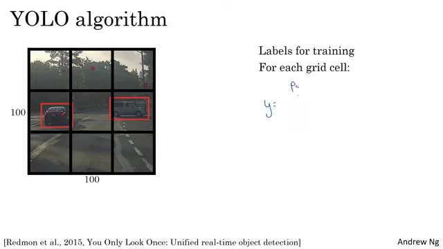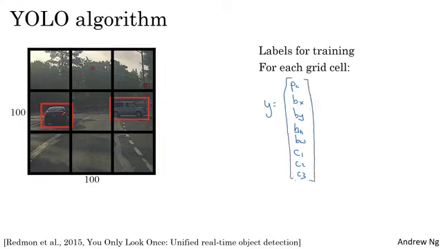It will first output PC, 0 or 1, depending on whether or not there's an object in that grid cell, and then BX, BY, BH, BW to specify the bounding box if there is an object associated with that grid cell, and then say C1, C2, C3 if you're trying to recognize 3 classes not counting the background class. So if you're trying to recognize pedestrians, cars, motorcycles, and a background class, then C1, C2, C3 can be the pedestrian, car, and motorcycle classes.